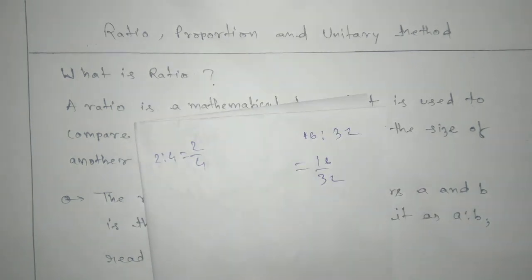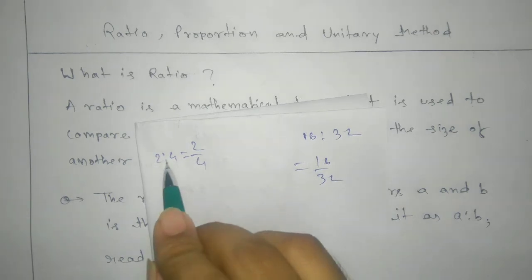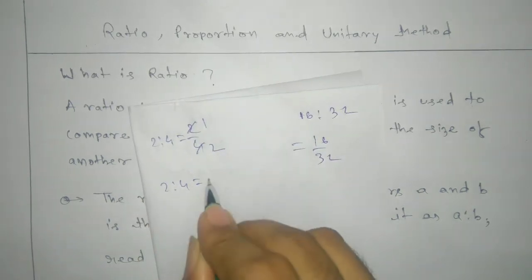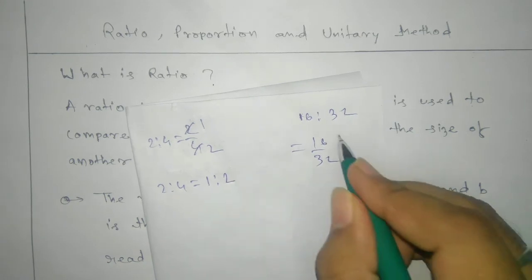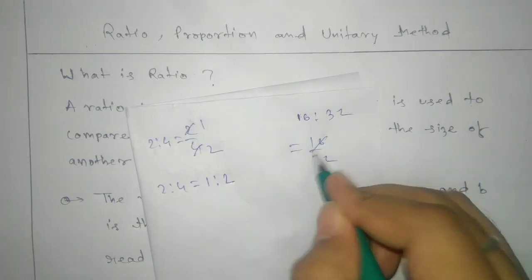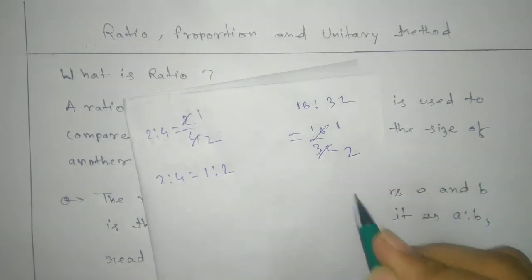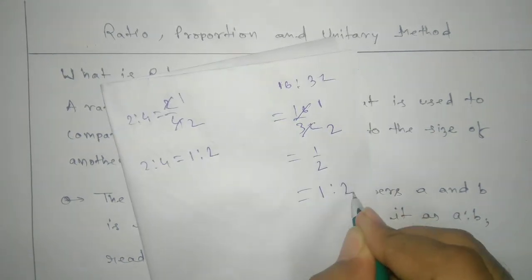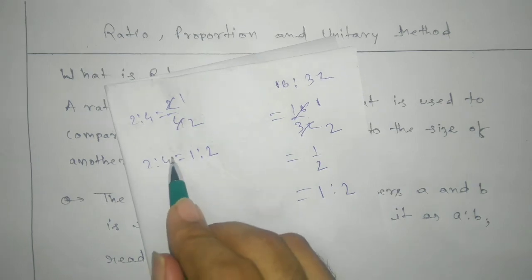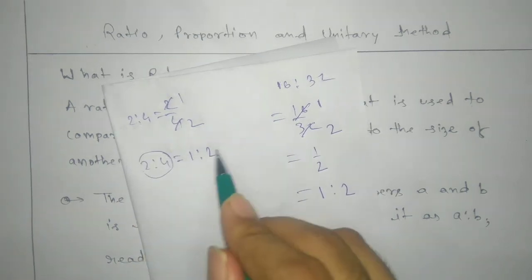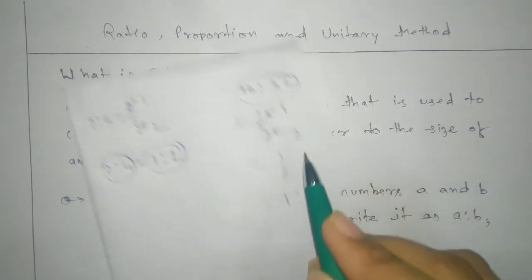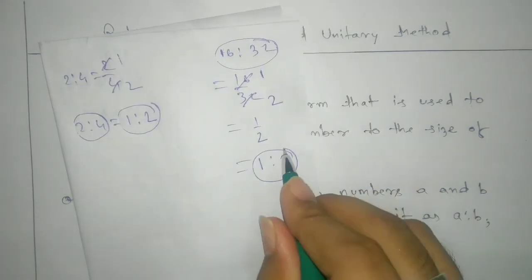Now if we look at both ratios, 2 ones are 2, 2 twos are 4, so we can write 2:4 equals 1:2. And for this one, 16 ones are 16, 16 twos are 32, this can be written as 1:2. So 2:4 equals 1:2, and 16:32 equals 1:2.